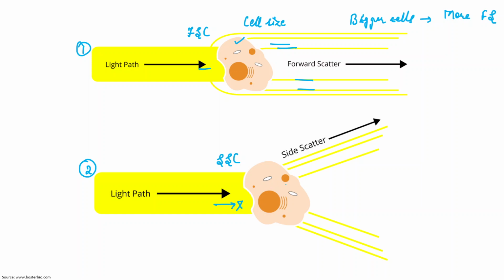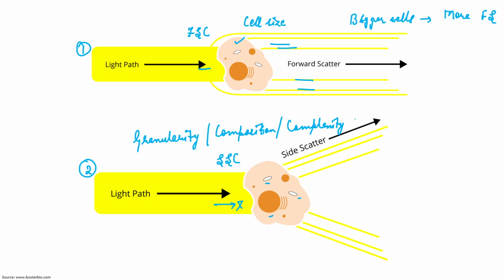Now, side scattering results from the complexity of your cells. Cells have different organelles, and this results in different kinds of granularity of the cell. The composition and complexity of different kinds of cells is going to vary, right?